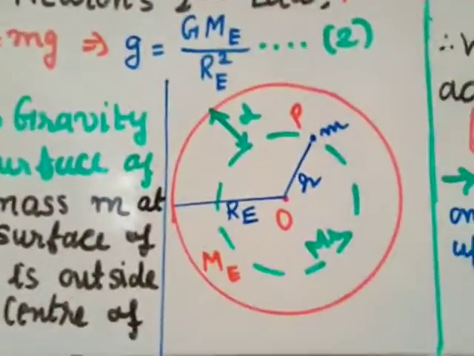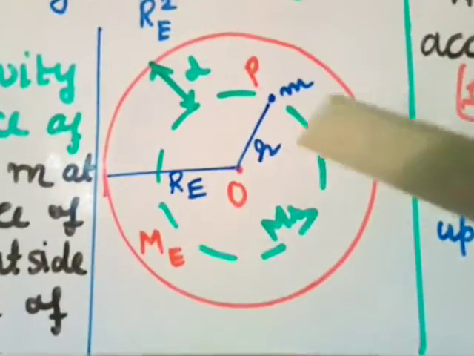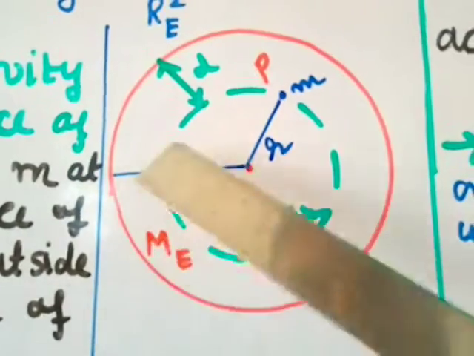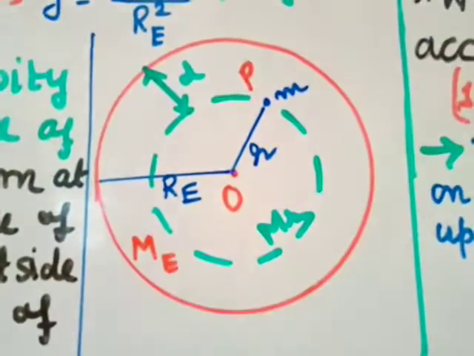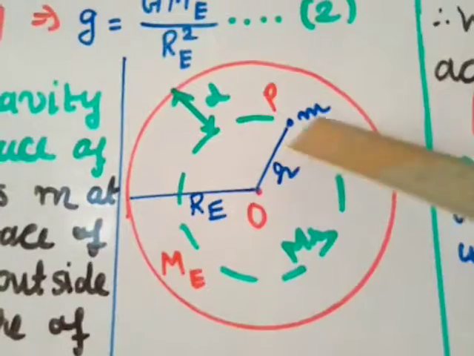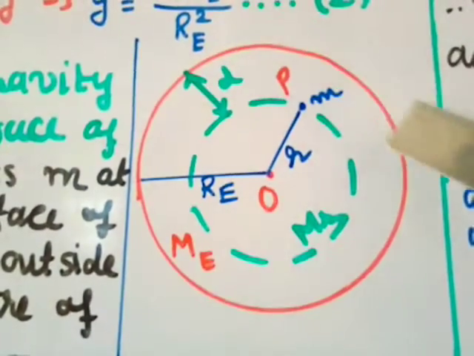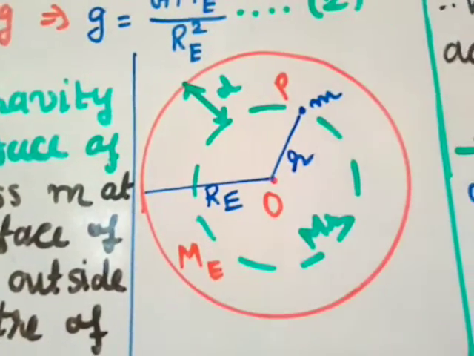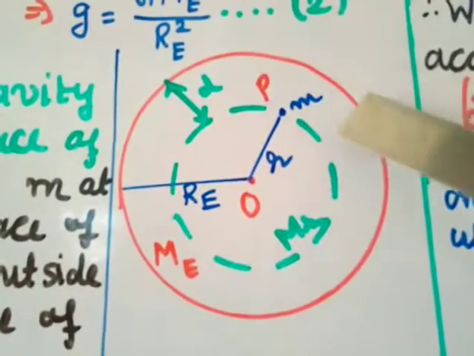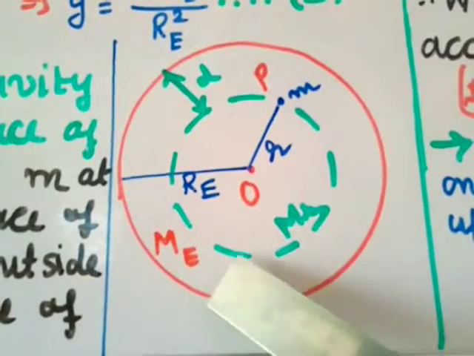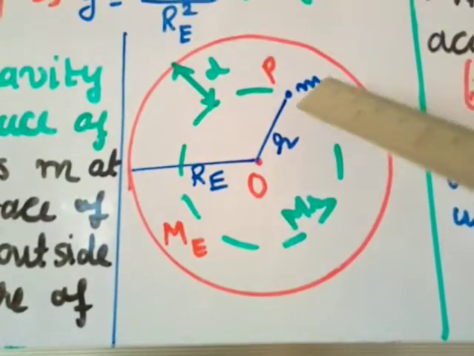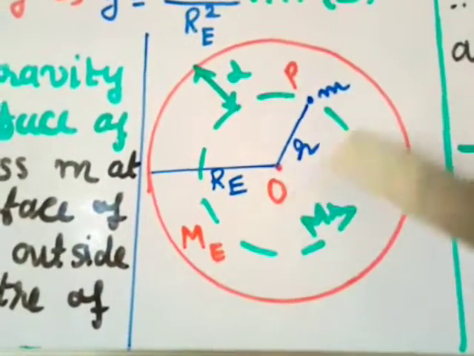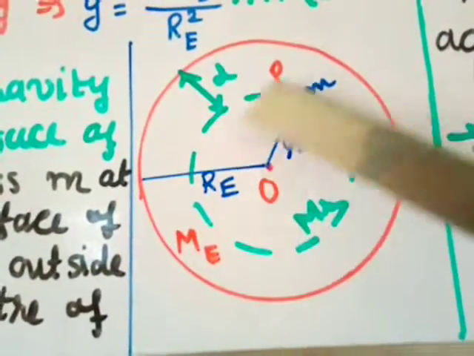Now, as per the rule we stated before, the shells whose radius is greater than r will exert no force here. All this outer part will not exert any force, because for all this part the mass m is inside the shell. Therefore the gravitational force due to this part will be zero. There will be no gravitational force on m because of the outer part, but there will be force because of this inner shell.